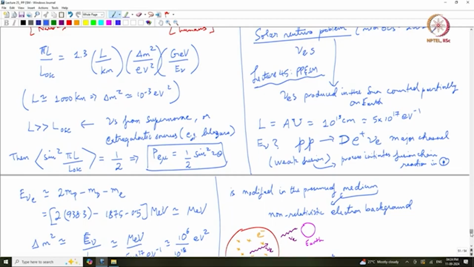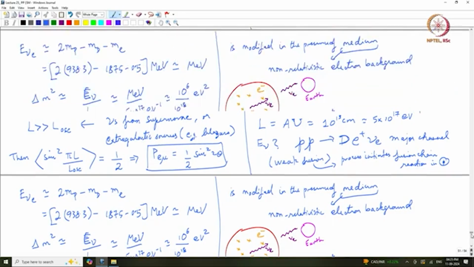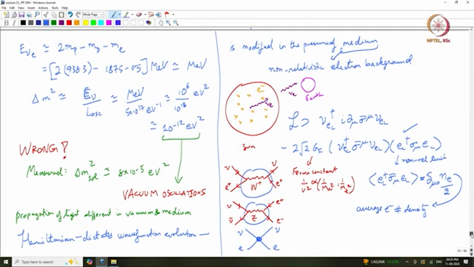In particular, we determined the baseline for these oscillations to be, in natural units, 5 times 10 power 17 inverse electron volts, and the energy of the neutrinos, by just considering the Q value of this nuclear reaction, to be about an MeV. With that we tried to ballpark what the delta m square that could be measured here is, and found that it was 10 power minus 12 electron volt squared, which is completely wrong compared to what is being measured.